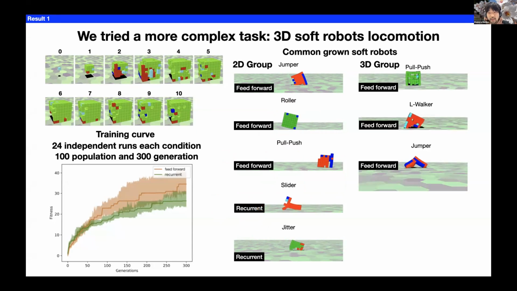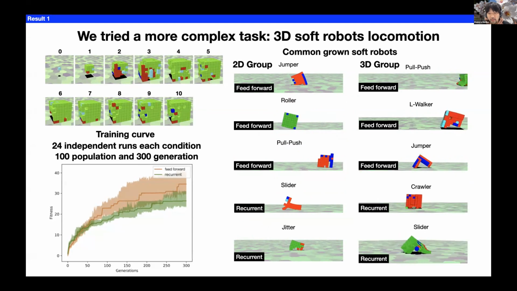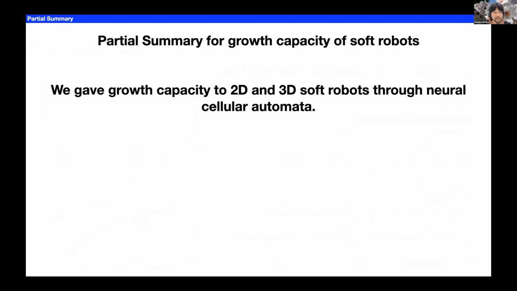And also, we can get the 3D group like this. So this is a morphology from the feed-forward network. And these two morphologies come from the recurrent network. So this is a partial summary for the growth rule.